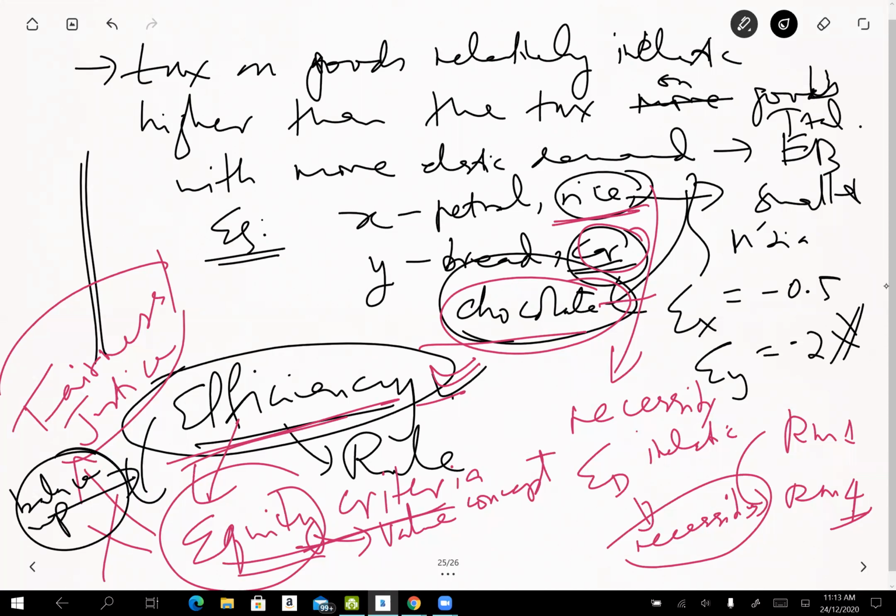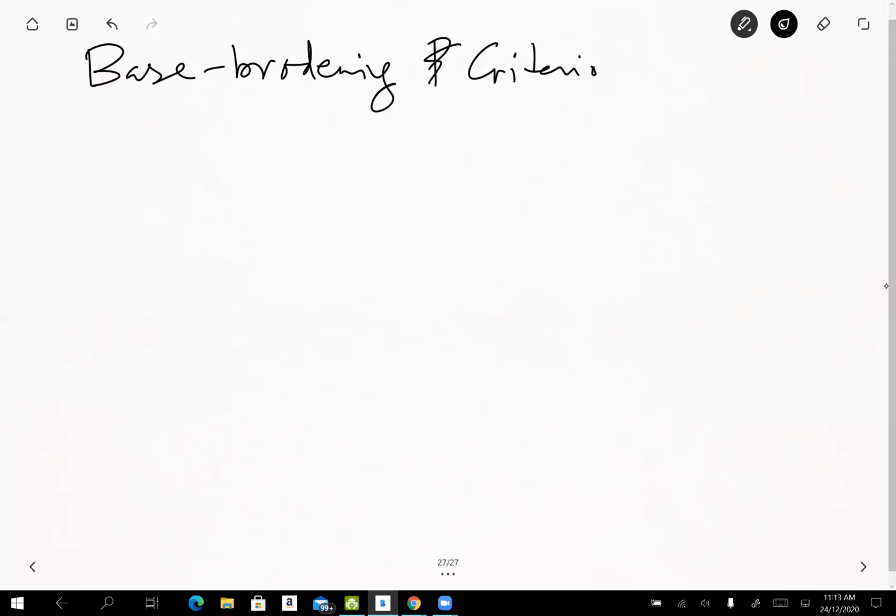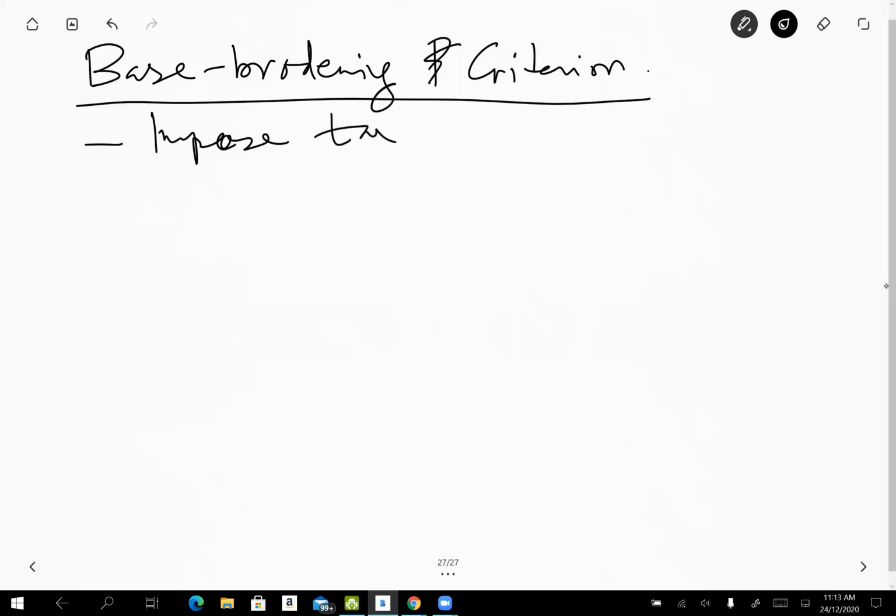Another thing, when you want to minimize the excess burden, another approach is the base broadening principle. Under base broadening, you impose tax on as many goods as possible.